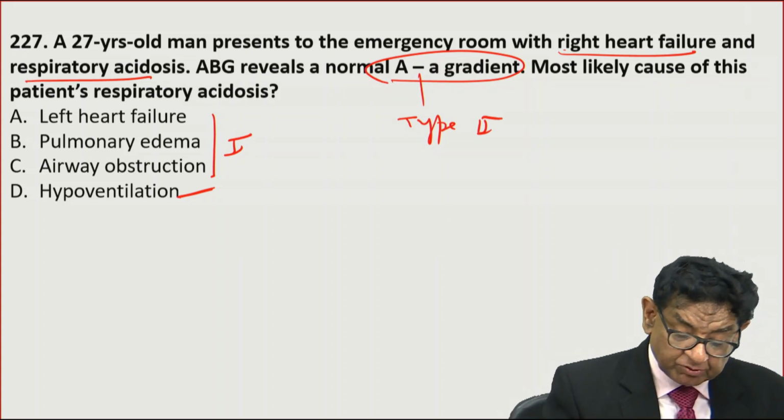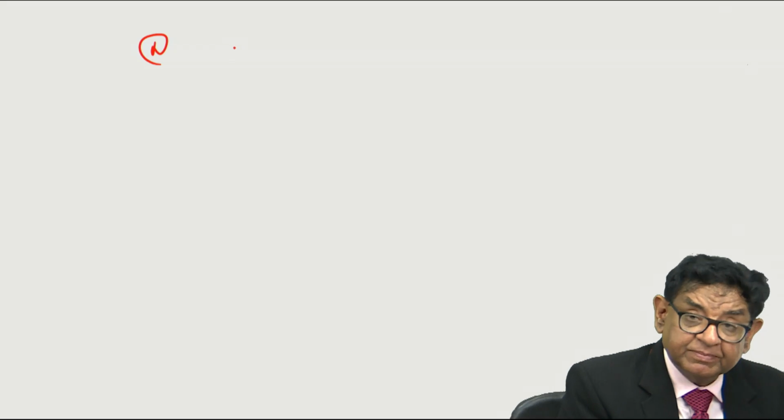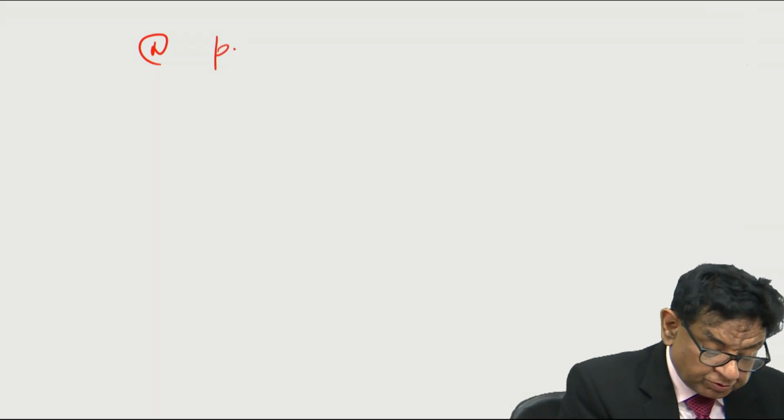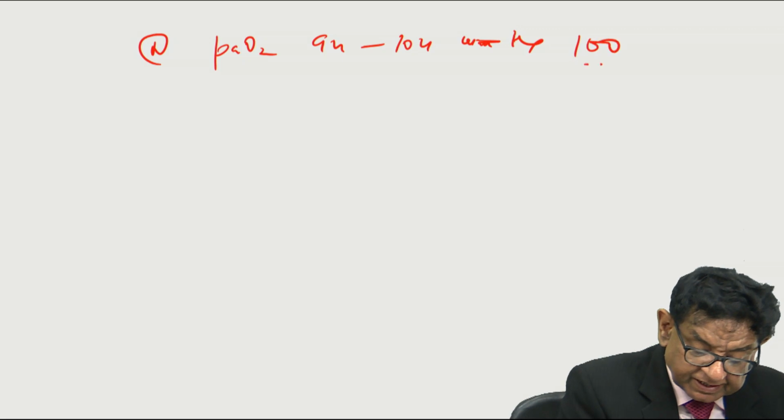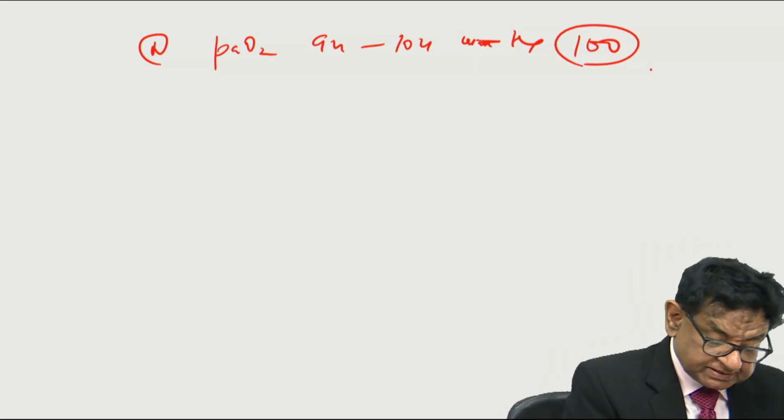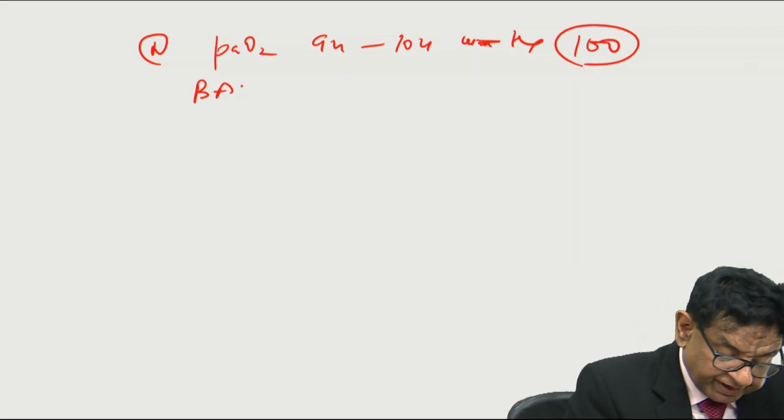Now, let's talk about how to differentiate between the two. Well, the normal PaO2 is 94 to 104 millimeter mercury. For easy calculation, I take 100. Now I tell you the basic concept about respiratory failure.